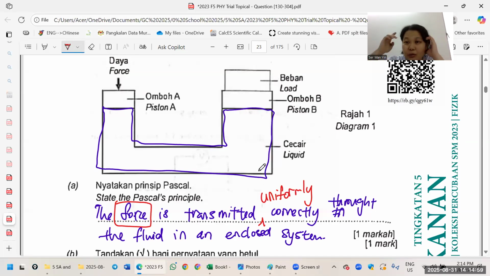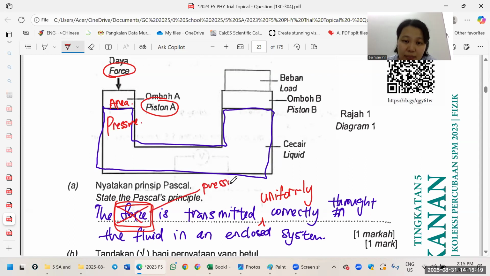I want to tell you, last year many of your seniors got this wrong. Force acting on an area, the piston area, will create pressure. So actually it's pressure. Pressure is transmitted uniformly, not correctly. It's transmitted uniformly throughout the fluid in an enclosed system.